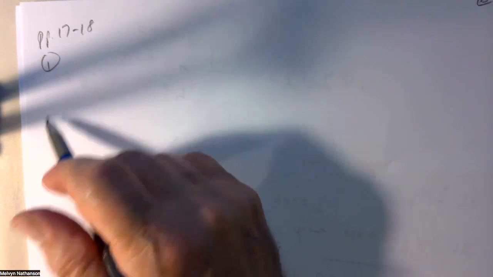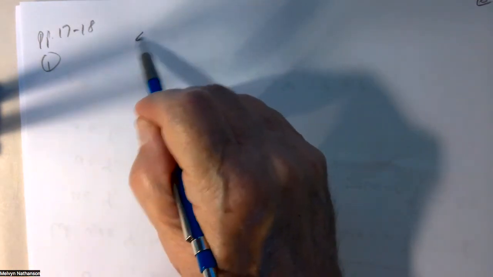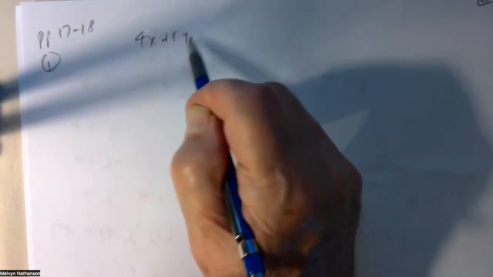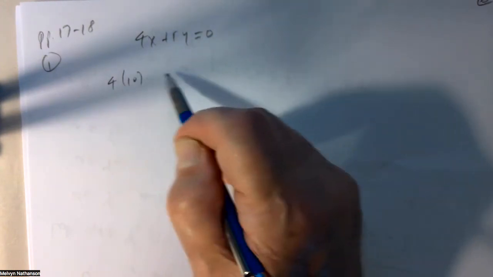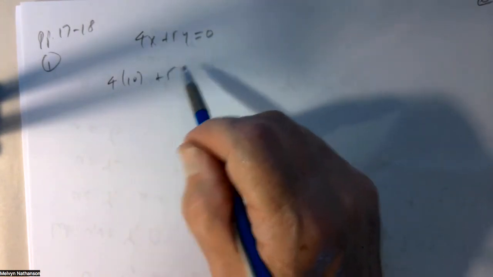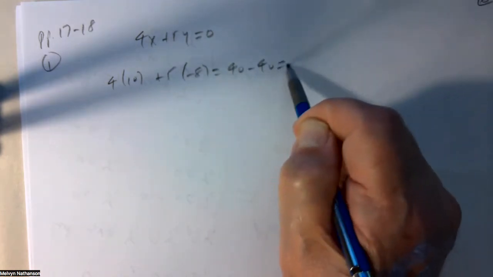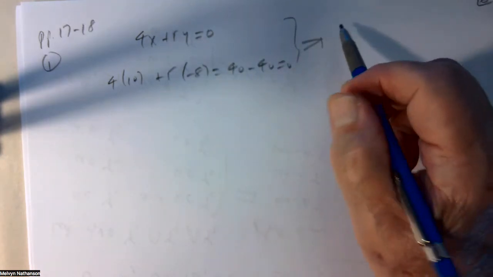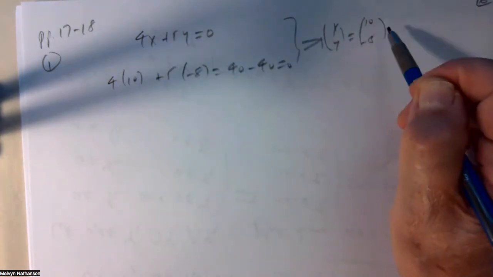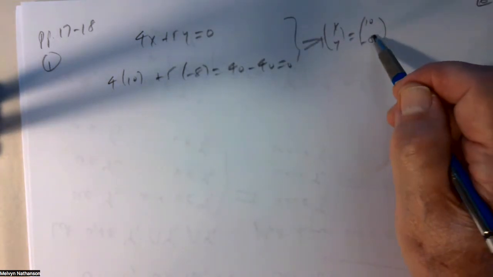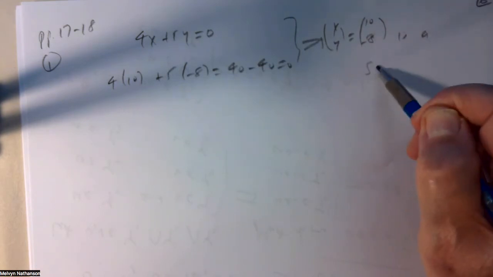So you have the homogeneous equation, 4x plus 5y equals 0. You take 4 times 10 plus 5 times minus 8. That's 40 minus 40, which is 0. So that means that the particular vector (x, y) equal (10, minus 8) is a solution.